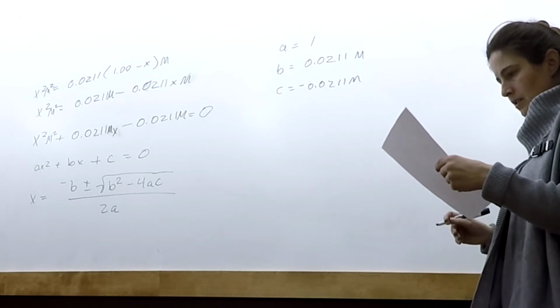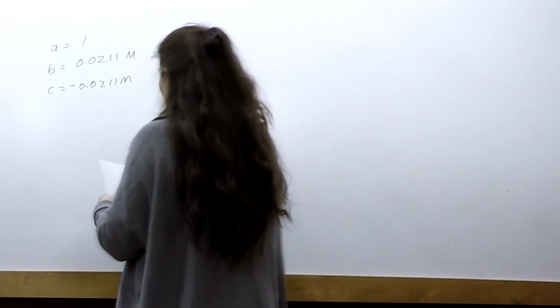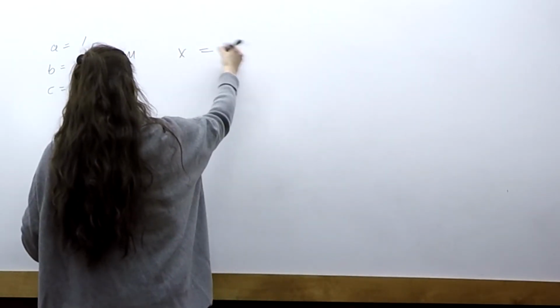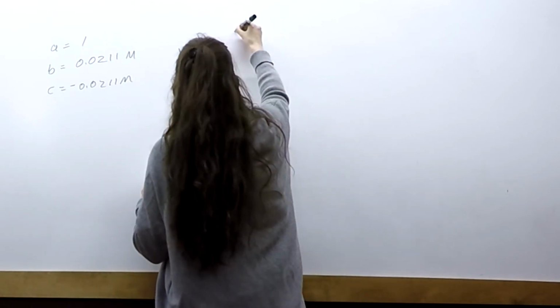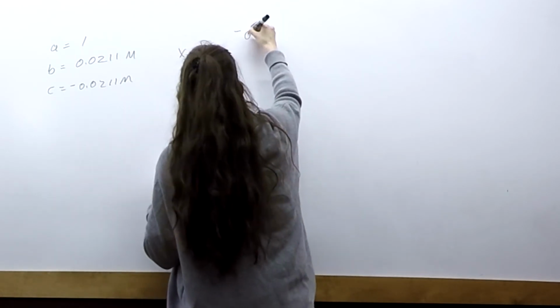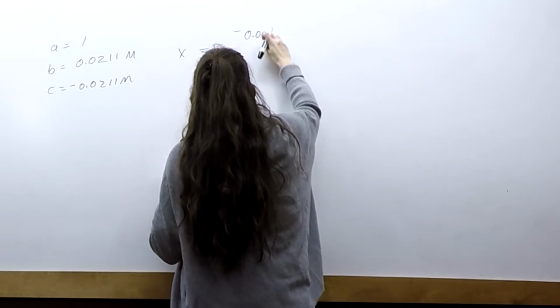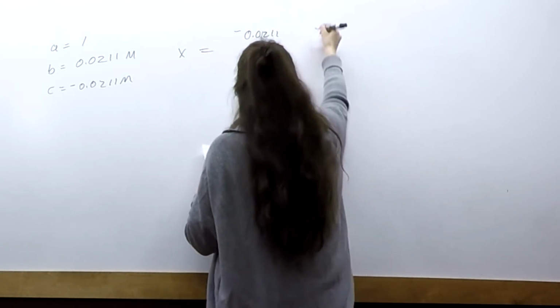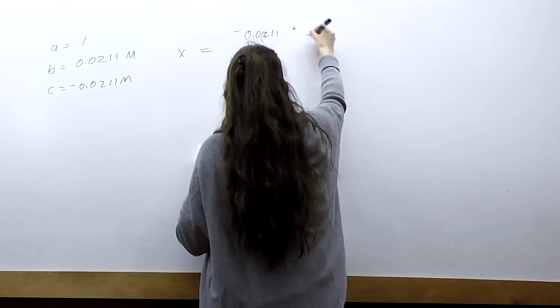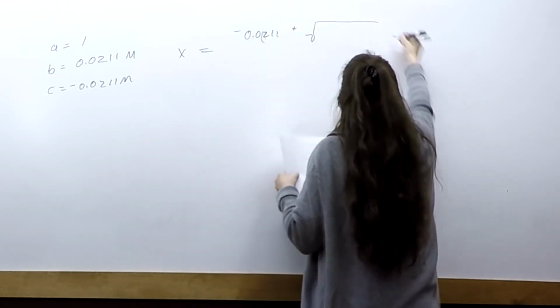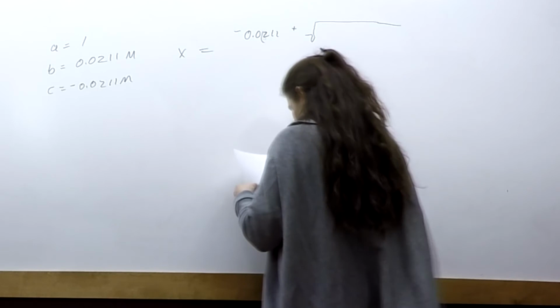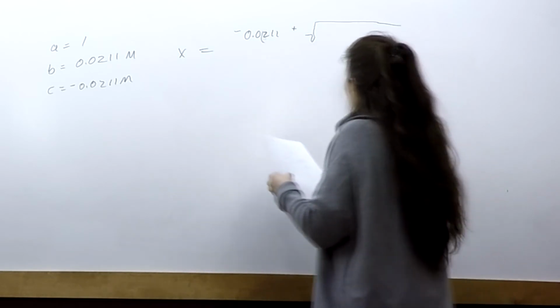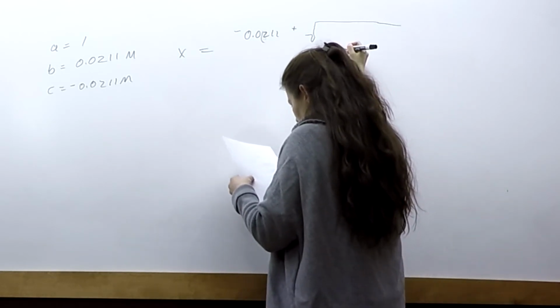All right. Yes, so that's what we have there. Once you solve for x, it's equal to minus b. This one we're going to use plus.